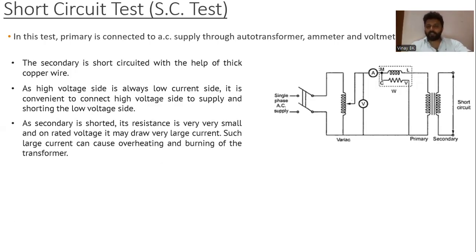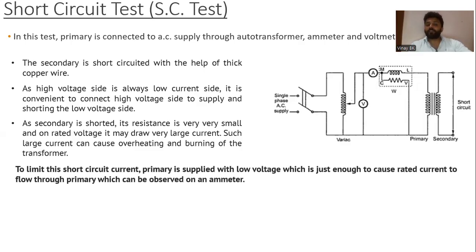As the secondary winding is short circuited, its resistance is very small. Due to that, a maximum amount of current will flow through the secondary winding. Such a high current will cause overheating and burning of the transformer. To limit this short circuit current, the primary is supplied with a very low voltage.